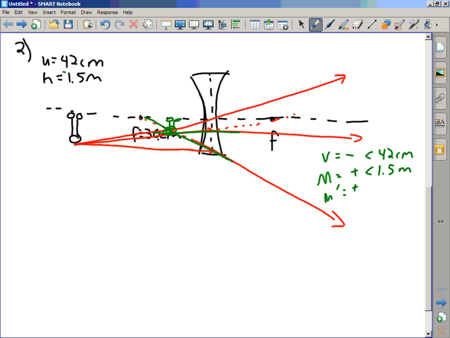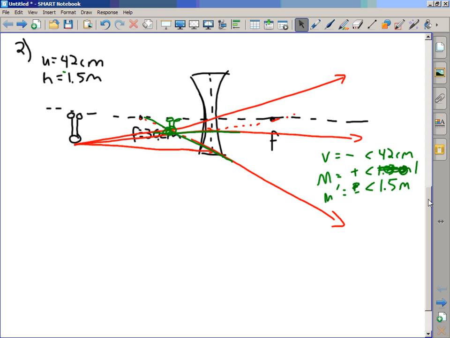For now, though, let's make H prime negative just to show that it's down below the axis. That's what I like to do here. So I expect H prime to come out negative, with magnification less than 1, and H prime less than 1.5 meters. The object shrinks for those two.